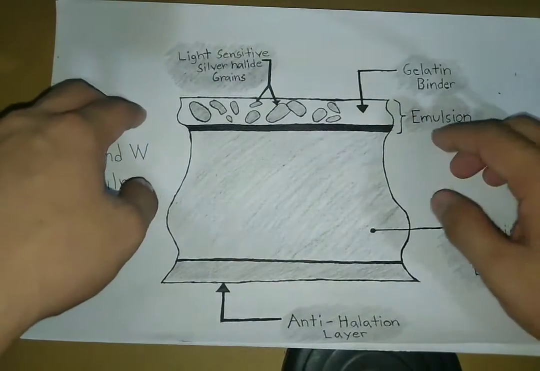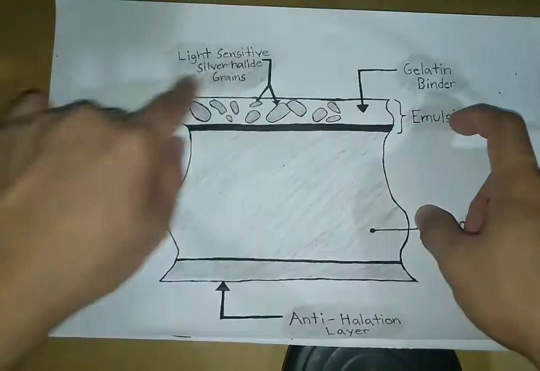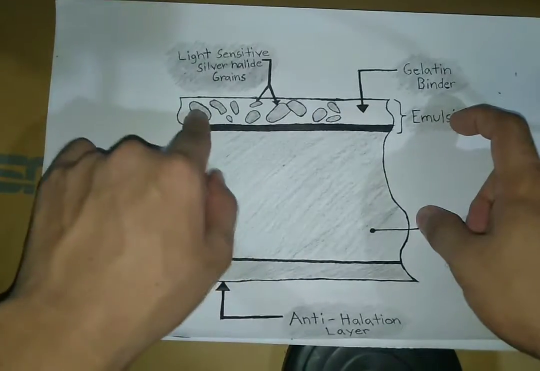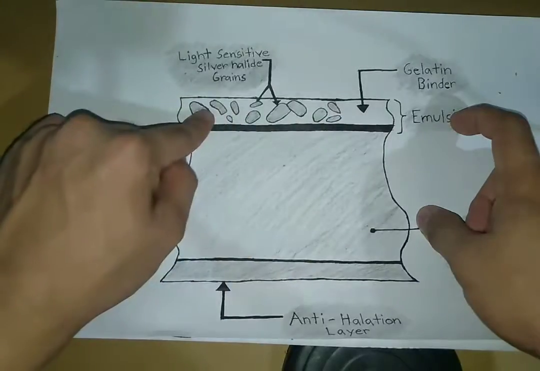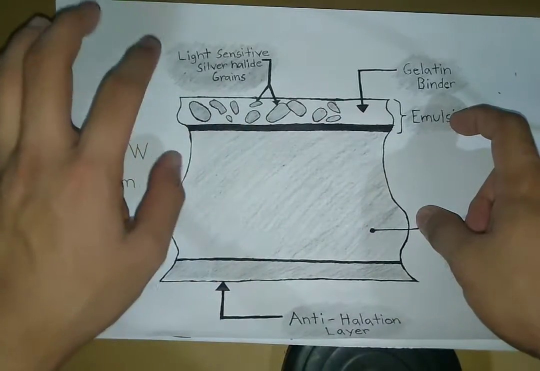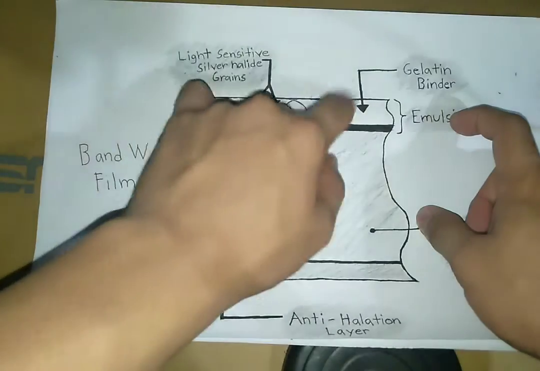So, the emulsion contains the silver halide grains, the circular things in here that you can usually see. The work of that is to absorb light with a developing chemical.